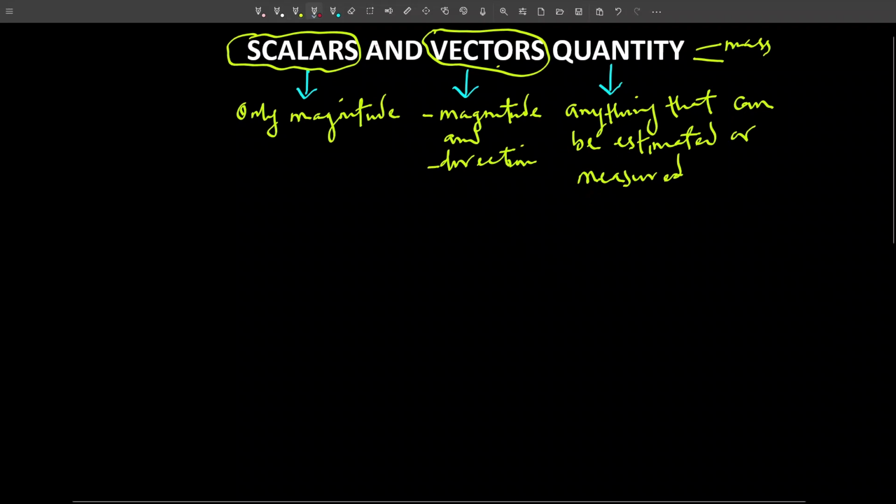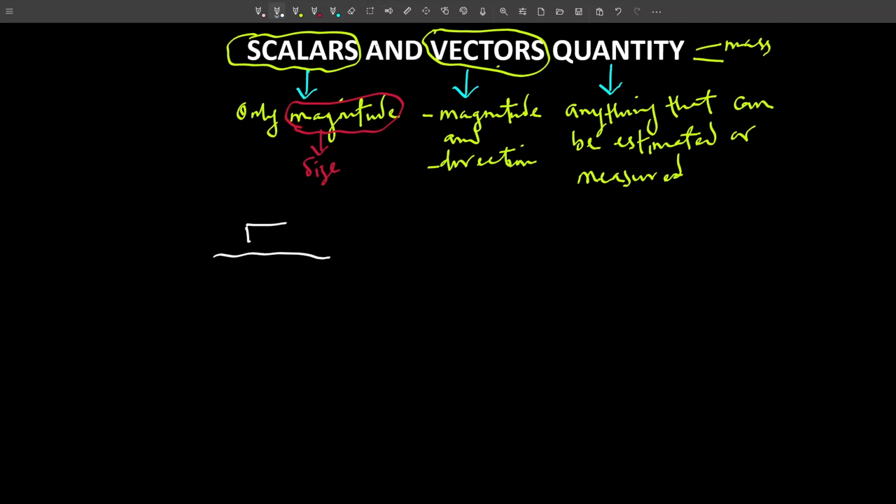Okay, let me rephrase. When you say magnitude, what do we mean? I simply mean size. Let me give you an example. Let's say we have a car. I can't really draw, so let me just give a little sketch. This car is moving with a particular speed. Let's say the speed of this car is 10 meter per second.